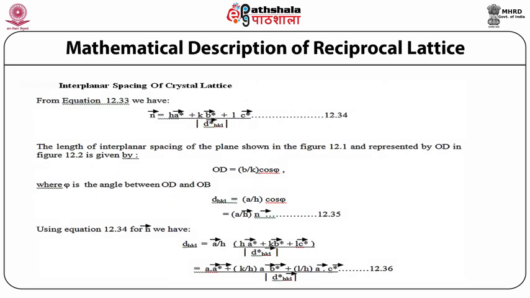Interplanar spacing of crystal lattice. From equation 12.33, we have n vector equal to h a star plus k b star plus l c star divided by modulus of d star hkl, given as equation 12.34.